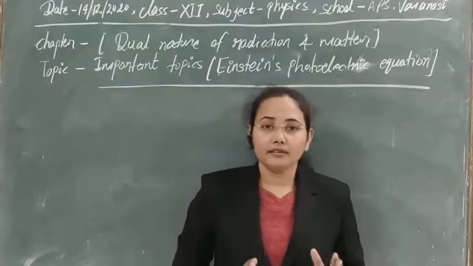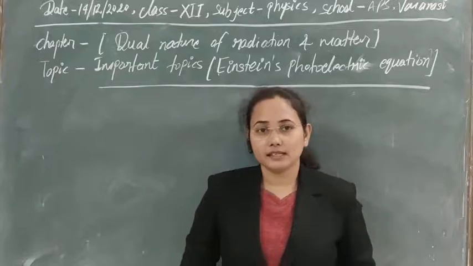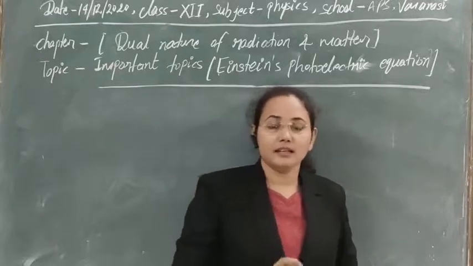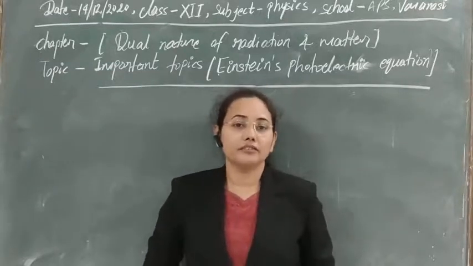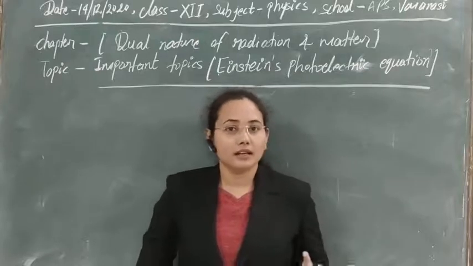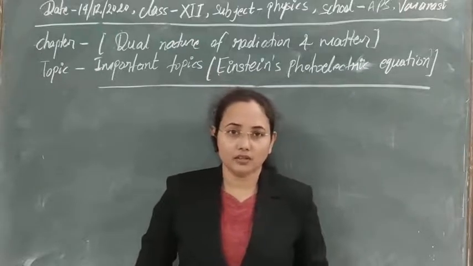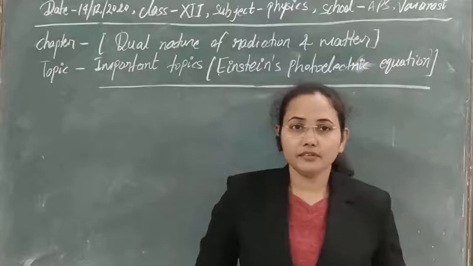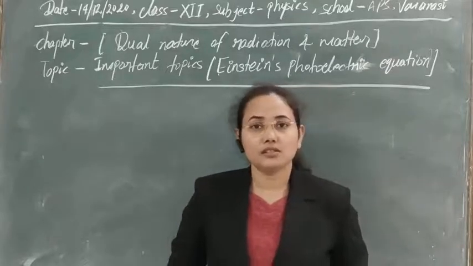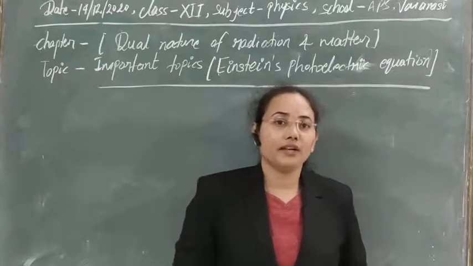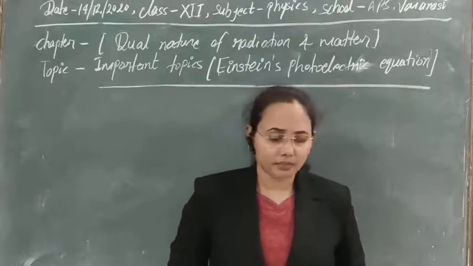Whenever the intensity of incident radiation increases, the number of ejected photoelectrons increases, and obviously if the number of ejected photoelectrons increases, the photoelectric current will increase.